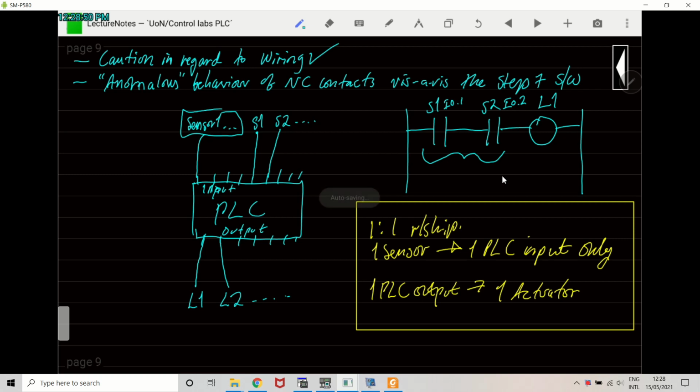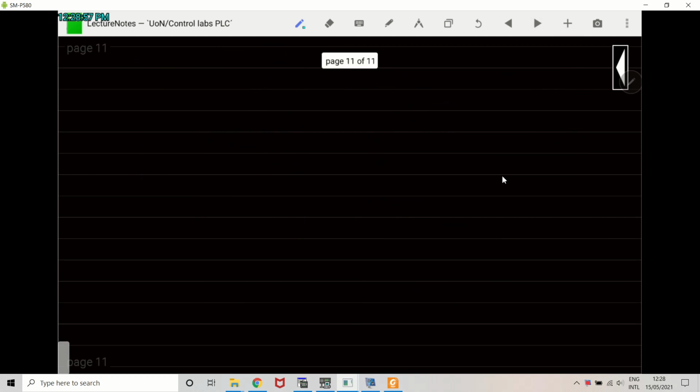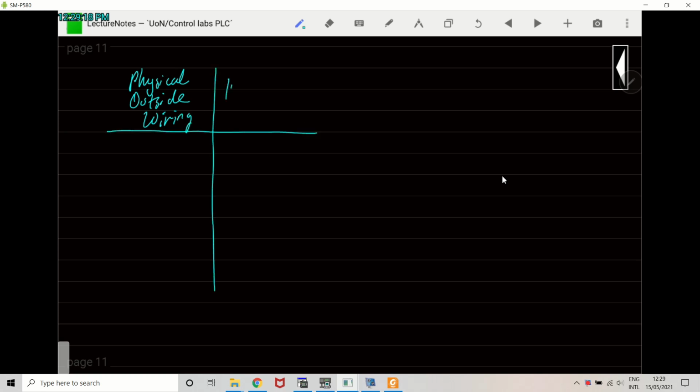The second thing I would like to mention is the anomalous behavior of normally closed contact. Now, when you're implementing a ladder diagram in the lab, there's a funny way in which normally closed contacts operate, and I like to explain it in this way. You can visualize a physical world, physical outside wiring, and you can visualize another world inside the PLC where you create the actual ladder diagram.